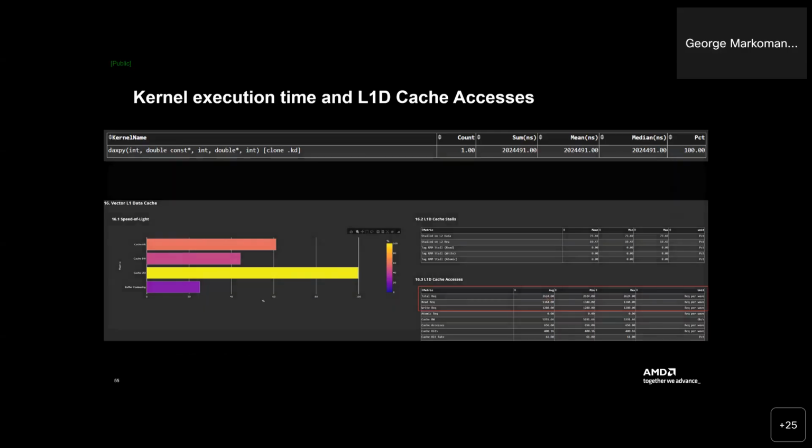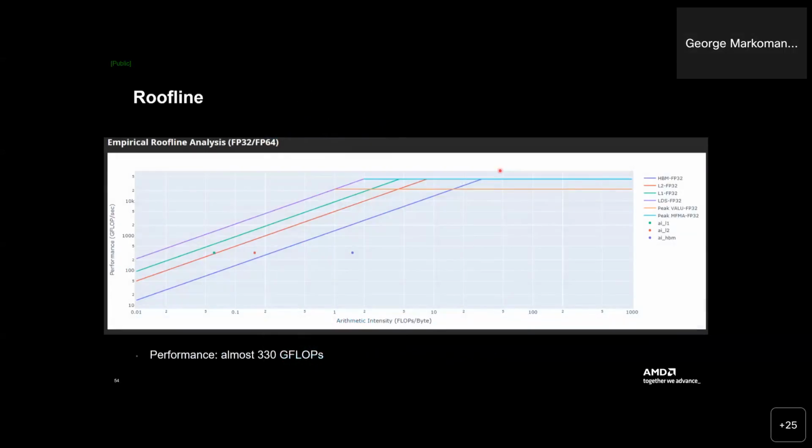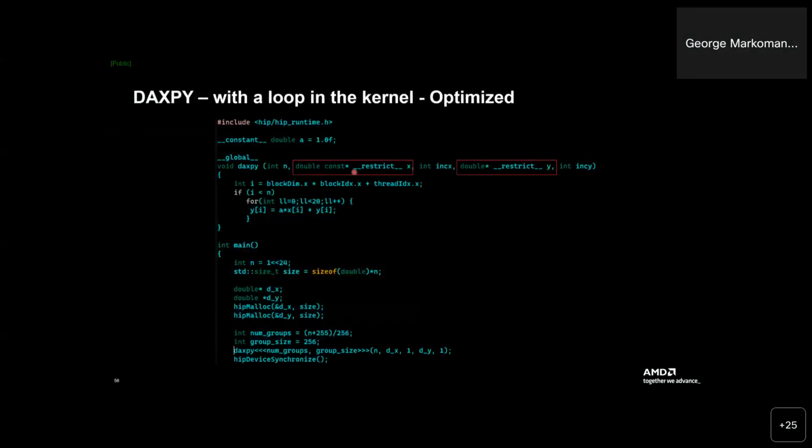Because, as I said, the compiler thinks that X and Y can point to the same memory address, it's much more careful. So what we do is add the restrict option here, which tells the compiler, don't worry, they will not be the same, so try to do any optimization you can.